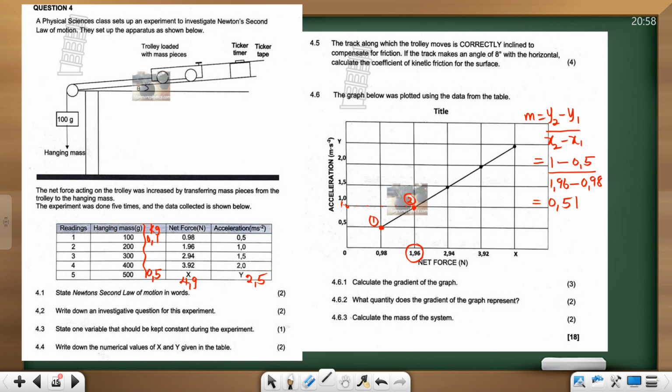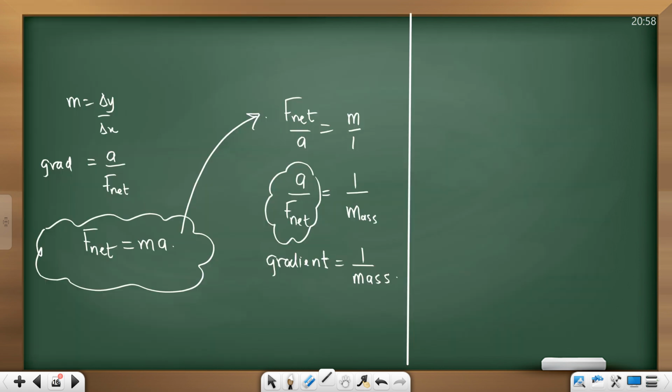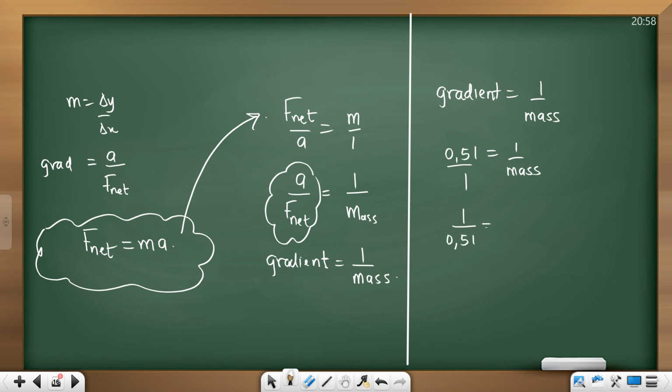The examiner says now calculate the mass. Oh, simple. I know that my gradient, I told you by 9 on the dot I want to finish, is 1 over mass. But what is my gradient? 0.51. I can also reciprocate this, or you cross multiply if you want to.